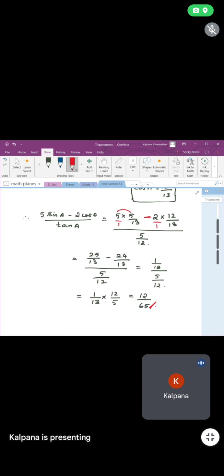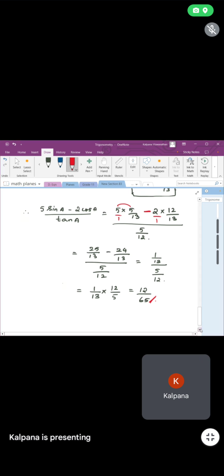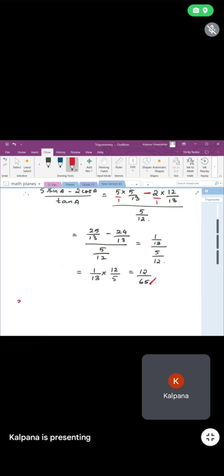Okay, next question. Prove that 1 plus tan square theta into 1 minus sin theta into 1 plus sin theta equal to 1.